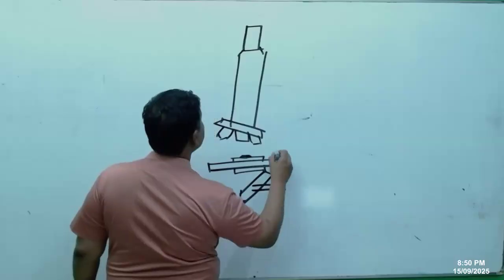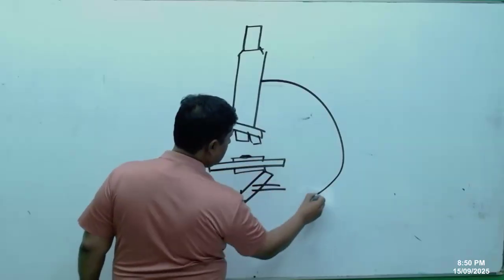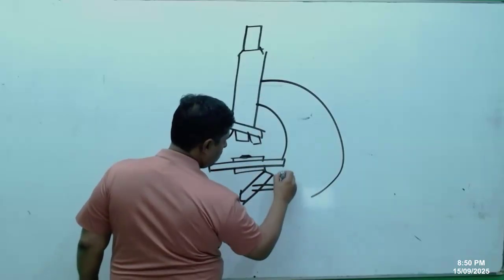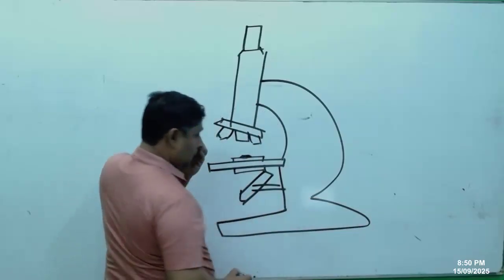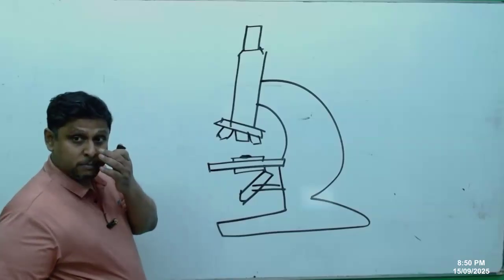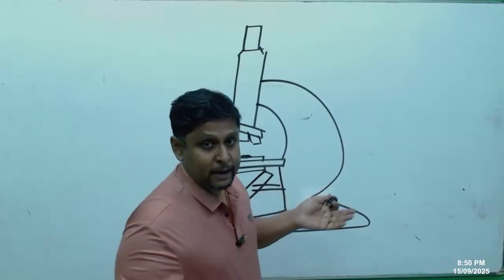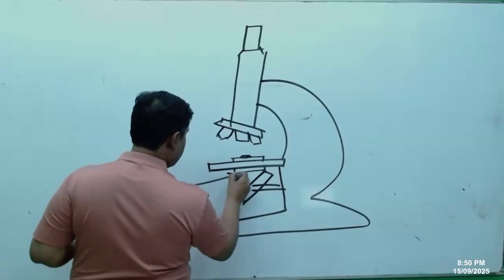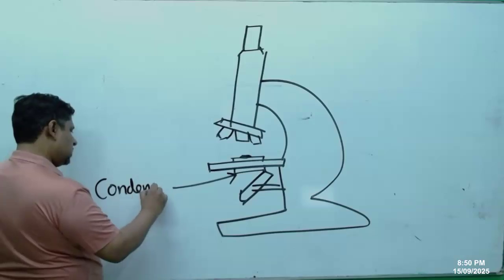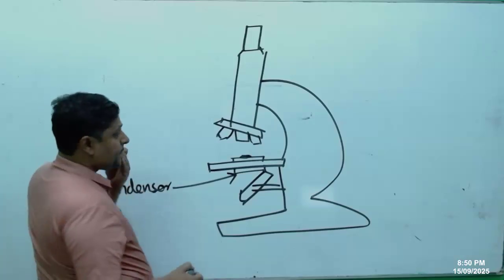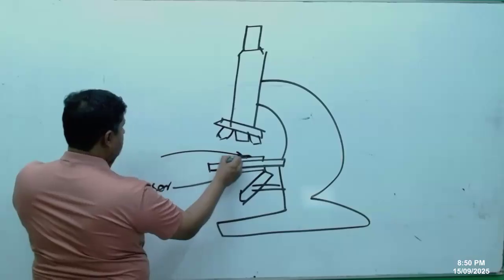Do you know the name of the lens present beneath the stage? What do you call that lens? Condenser. Condenser lens.